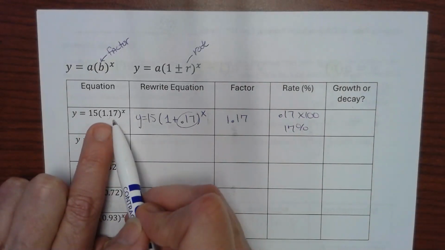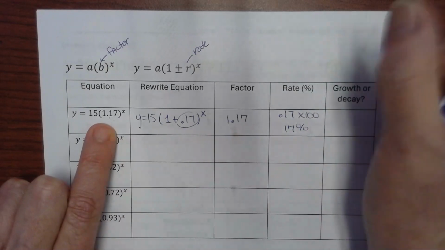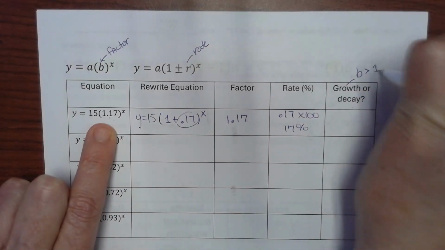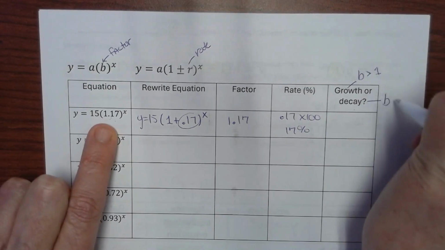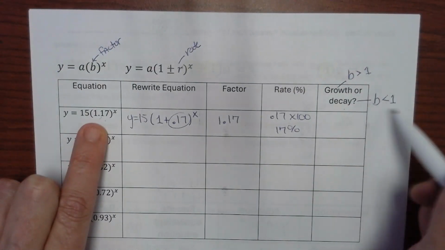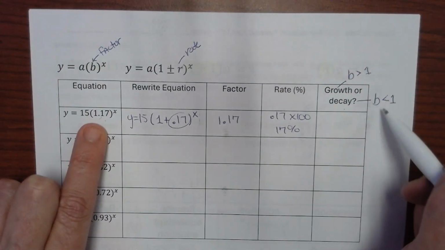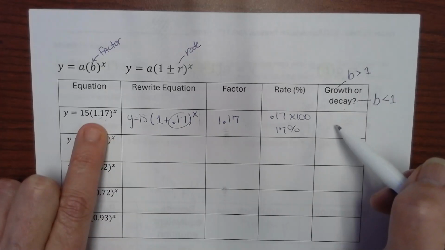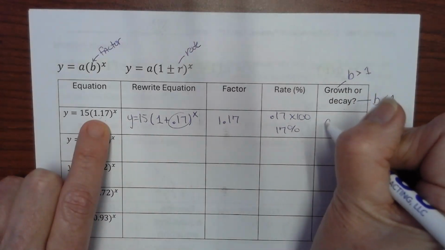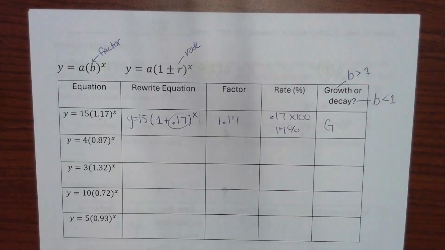My b is bigger than 1. So for growth, your b is bigger than 1. For decay, your b is less than 1. Okay, and we don't count the negatives, okay? It's like in between really 0 and 1. So this is going to be growth since this is bigger than 1.